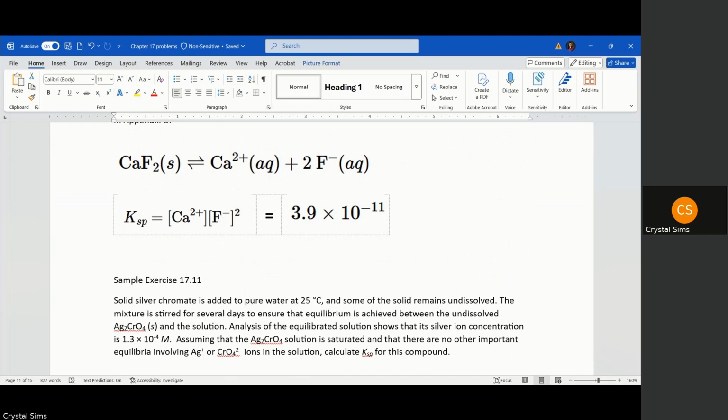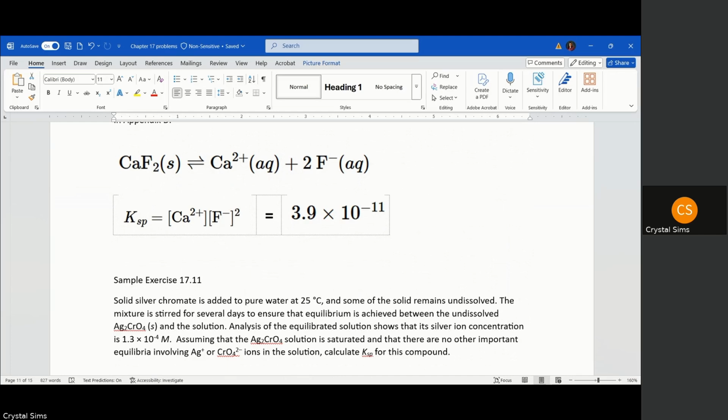So solubility can change, but the solubility product constant does not. It has one value at any given temperature. So just like the other things we've been looking at, these are dependent upon temperature, and we assume that we're dealing with a temperature of 25 degrees Celsius for this. So Ksp is a constant. While solubility can change, the solubility product constant does not.